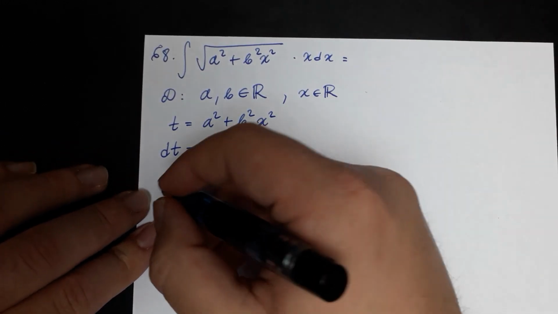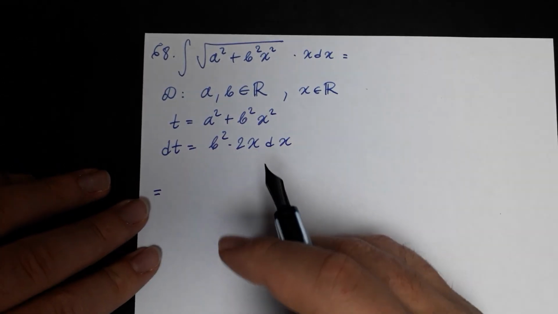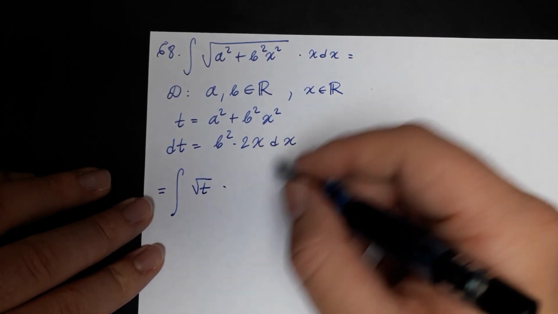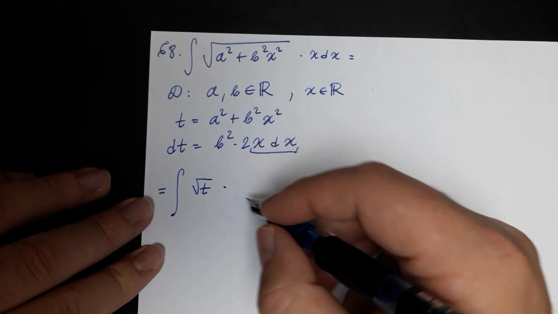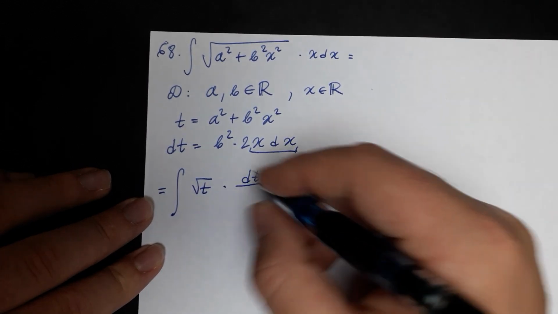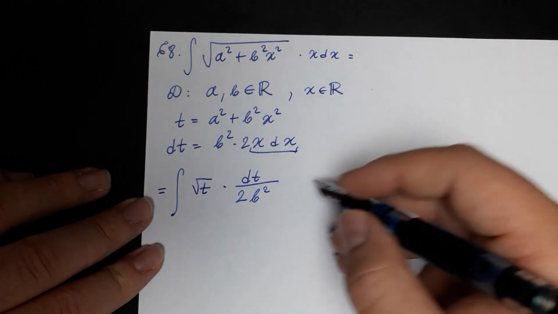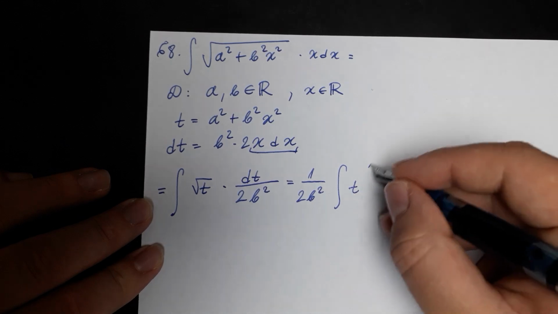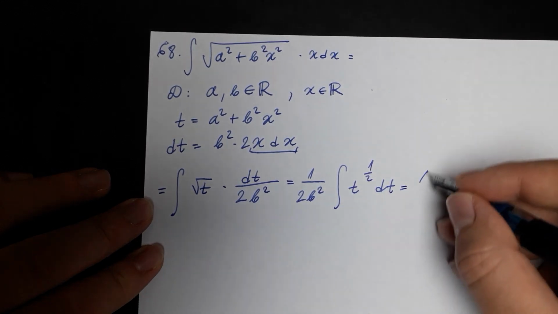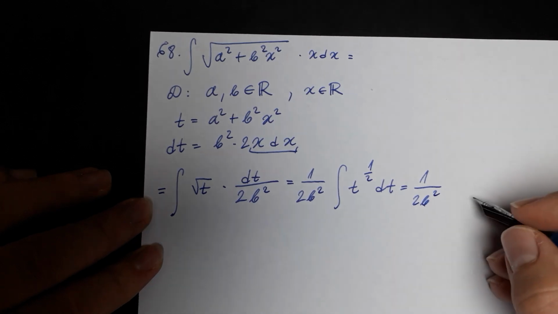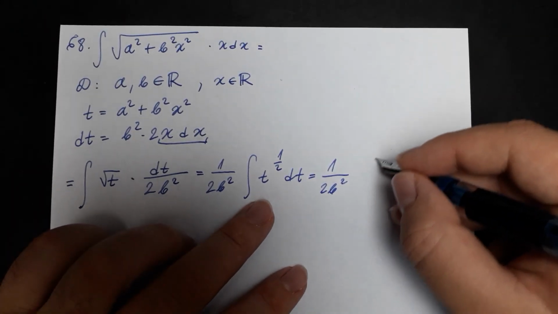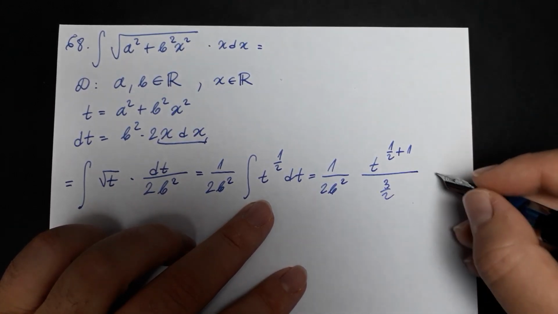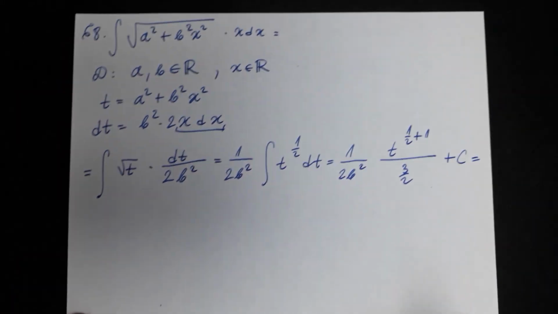Well, then the integral is transformed into the t world, and it looks like an integral of a square root of t times x dx, which is this part. So that gives us dt divided by 2b squared. This is then equal to 1 divided by 2b squared integral of t to the power 1/2 dt, which is equal to 1 divided by 2b squared, and t to the power 1/2 plus 1 divided by 3/2 and plus an arbitrary constant c.